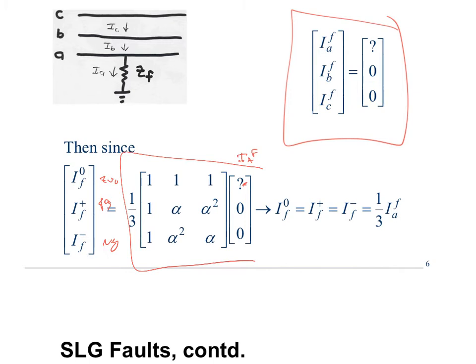Well, I can see that IF positive is going to be 1/3 times the question mark, IF 0 is 1/3 times the question mark, and IF negative is 1/3 times the question mark. Since these other two are 0, they don't contribute anything. So what that tells me is my positive, negative, and 0 sequence currents are all the same. They have the exact same value, and they're going to be 1/3 of IA.